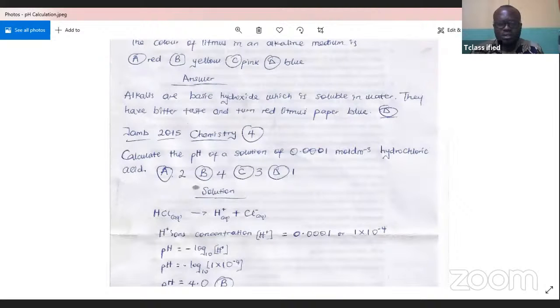Let's look at these molar concentration problems. So let's quickly check out oxidation.